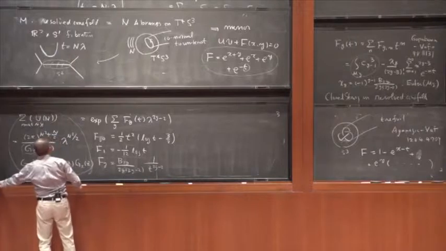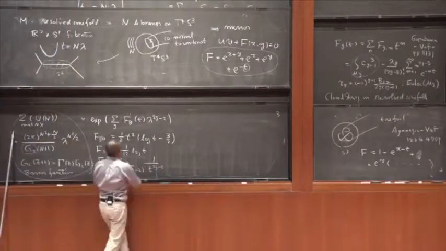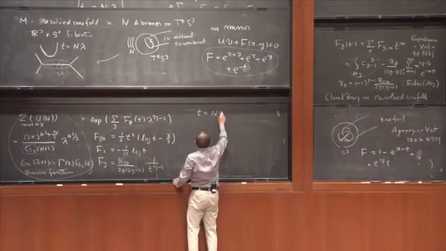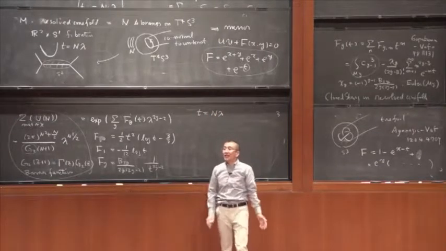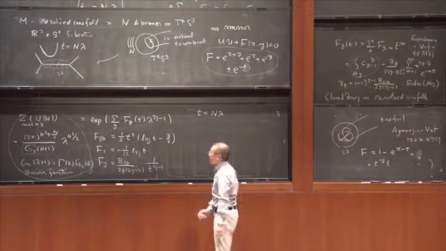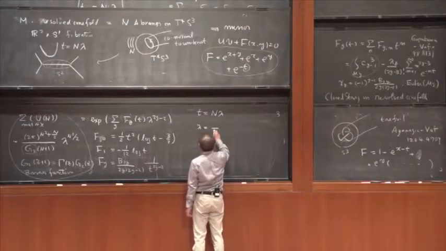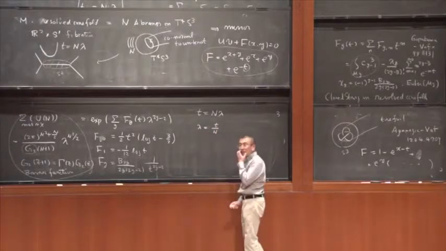Now, in large N duality, what you do is you expand this in this way, where t is the 't Hooft coupling. Typically, when people say that it's a 1 over N expansion, what they mean is that lambda is equal to 1 over N times t. Okay?